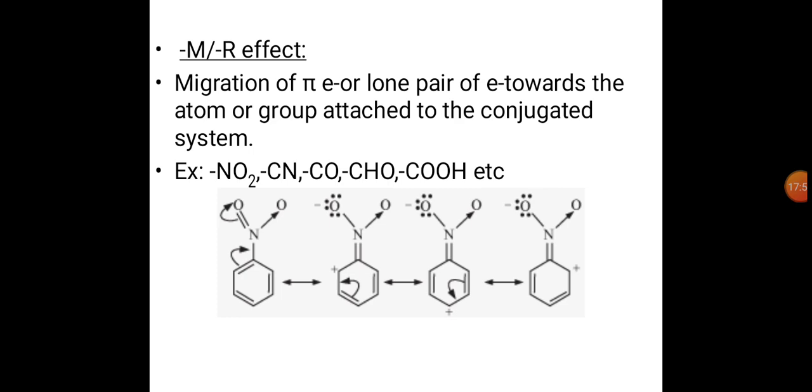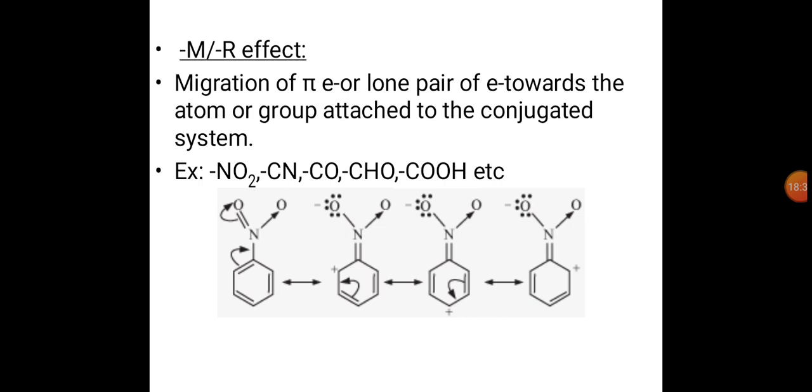So it's quite opposite to the positive resonance effect or positive mesomeric effect. So here in this case we see the migration of pi electrons or lone pair of electrons towards the atom or group that is attached to the conjugated system. I mean to say, pi electrons from the benzene ring will move towards the atom that is attached to the benzene nucleus.